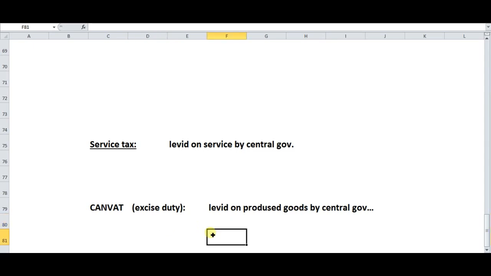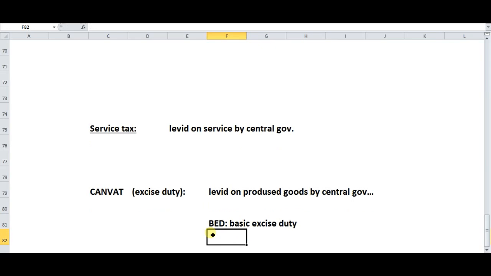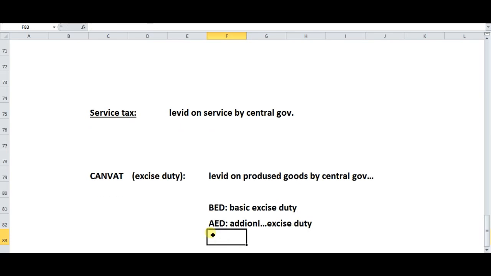Under excise duty, we have BED, meaning basic excise duty, and AED, additional excise duty, and SED, special excise duty.